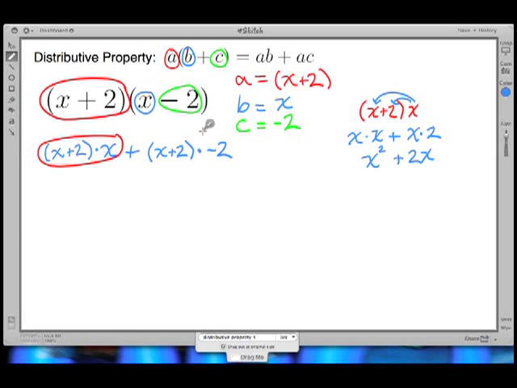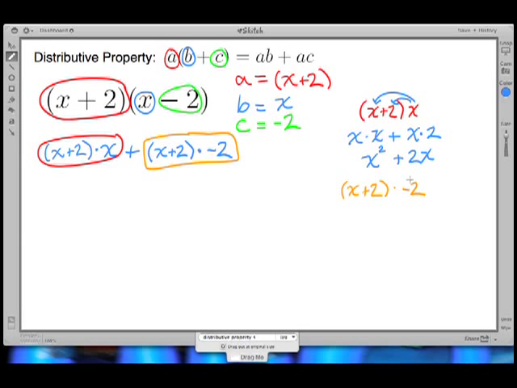We're going to do the same thing with this part right here, in orange. We have x plus 2 times negative 2.